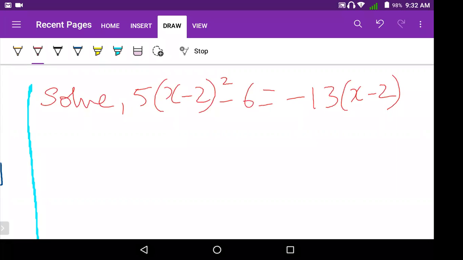Spurti, recheck once again. You're supposed to get 5x square minus 7x minus 12. Recheck the signs once again.